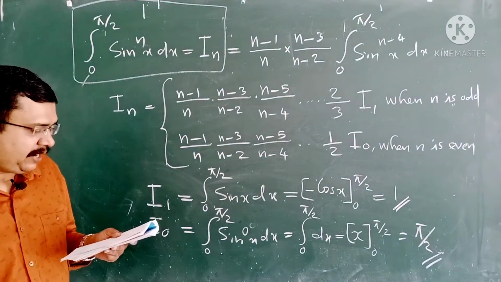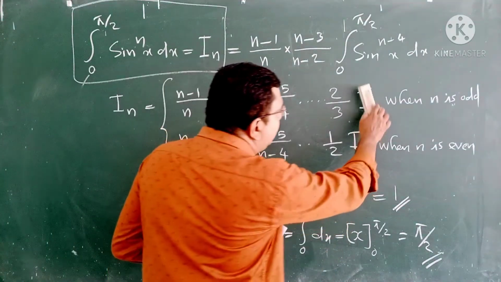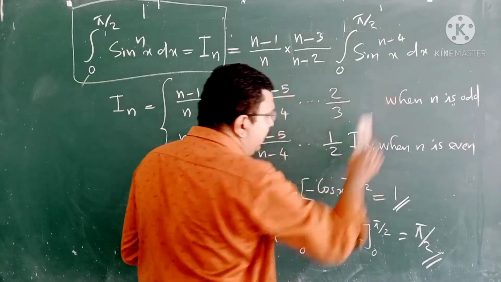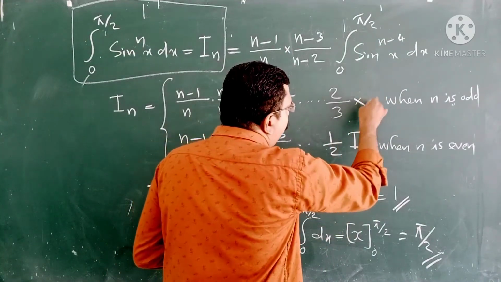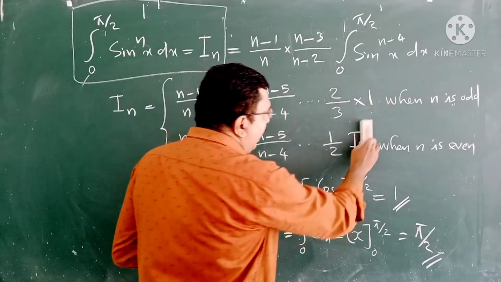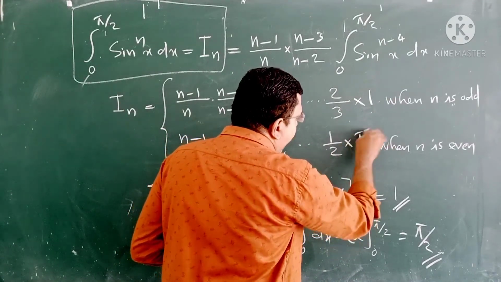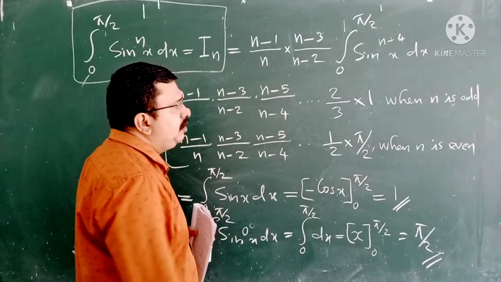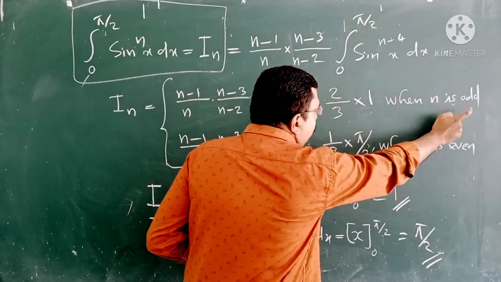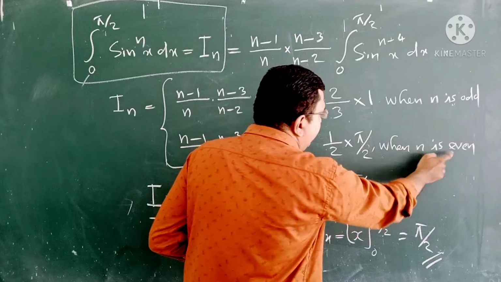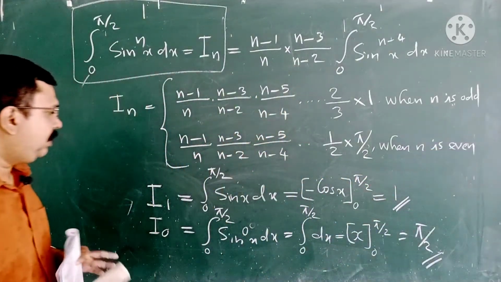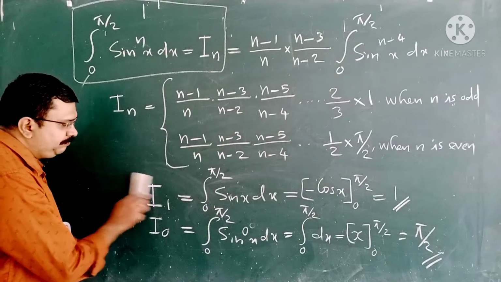Therefore, we can write this as, here I1 is replaced by 1 into 1 and here I0 is replaced by into pi by 2. One is n is odd, the second case is n is even. Now we can do a problem. Listen.